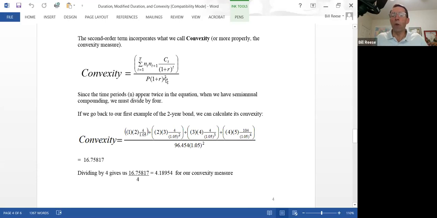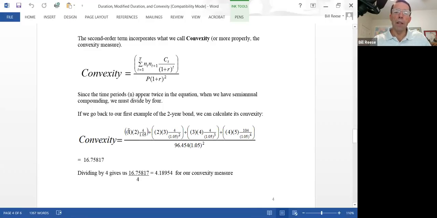So here is that first bond we saw before. The same bond we looked at before that has 2 years until maturity, okay? And so it has cash flows in time period 1, 2, 3, and 4. And if you remember, there was $4 in time 1, 2, 3, $104 in time 4. So to get the convexity measure of it, here is the present value of the cash flows occurring in time 1.